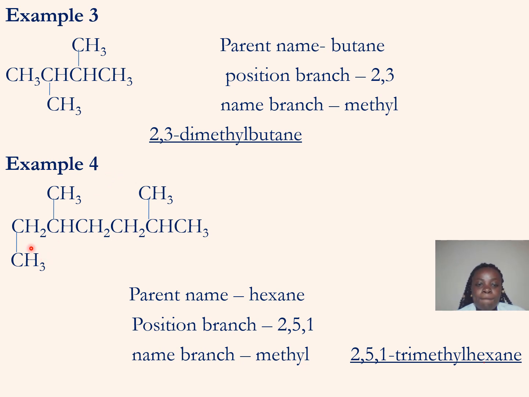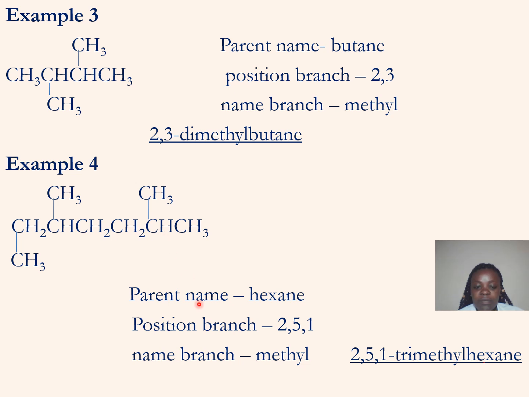Example 4. Let's identify the longest carbon chain. It has how many carbon atoms? So 1, 2, 3, 4, 5, and 6. So the longest carbon chain has 6 carbons. So this gives us the name hexane. So the parent name is hexane. The positions of the branches are at 2, at 1, at 2, and at 5.